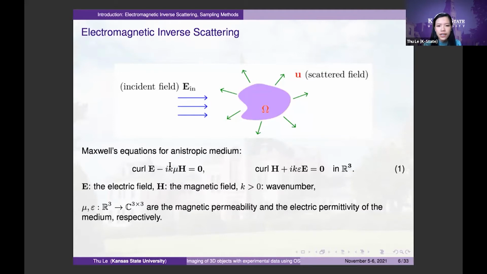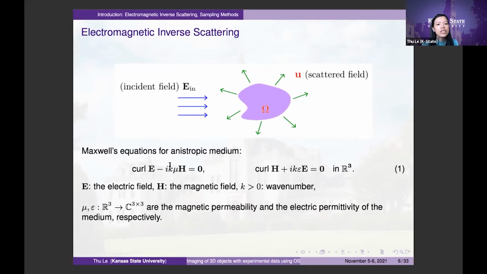Maxwell's equations, which are given in formula number 1, as you can see. Here, E is the electric field, H is the magnetic field, K is the wave number. And for the target omega, we assume that it is an anisotropic medium. So it is characterized by two parameters, mu and epsilon.